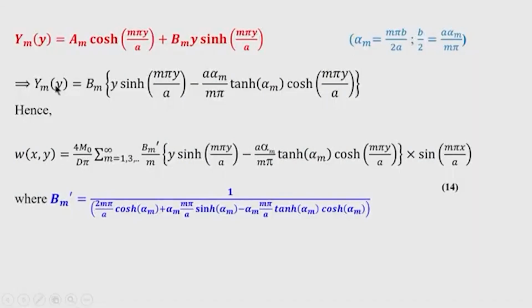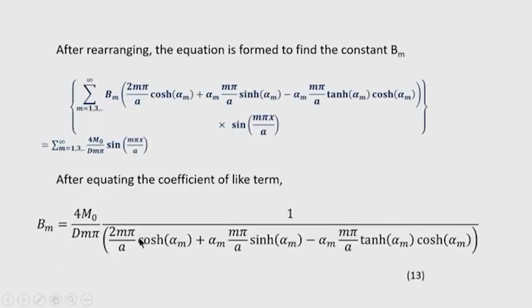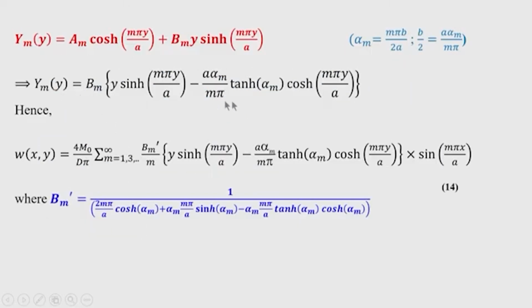That is actually the separation of variable technique that we adopted, and we ultimately get this function y m equal to this B m multiplied by y sinh m pi y by a minus alpha m pi by a tanh alpha m cosh m pi y by a. So, this is the series, all right. B m is known from that expression completely. So, now y m is completely known.